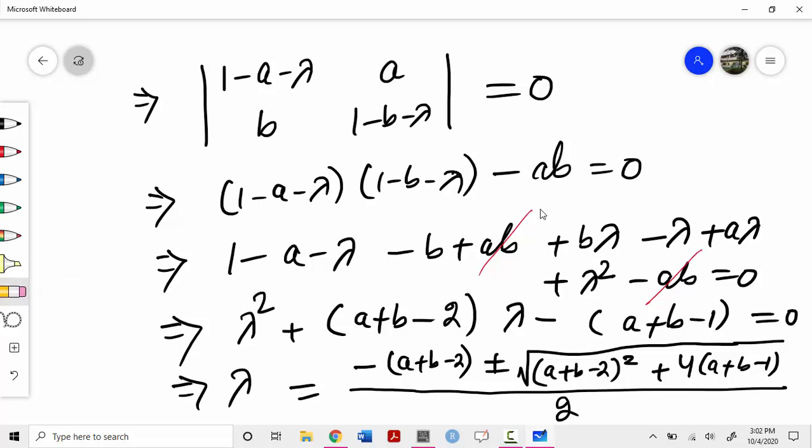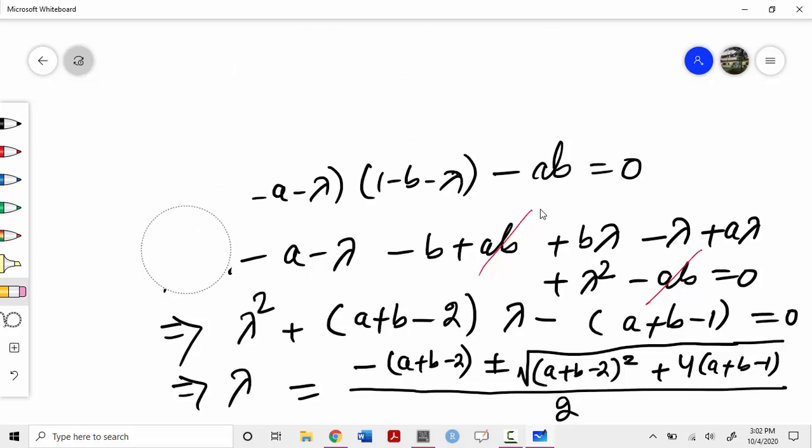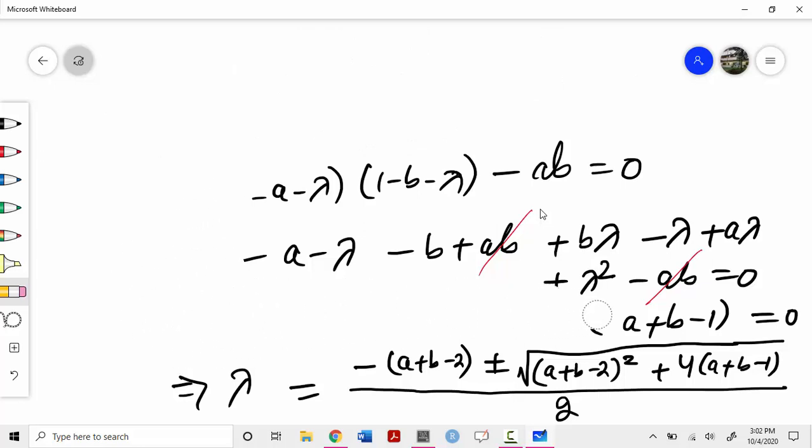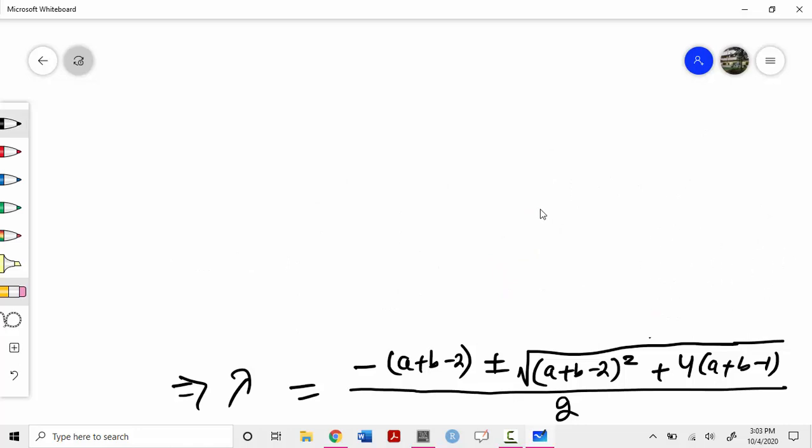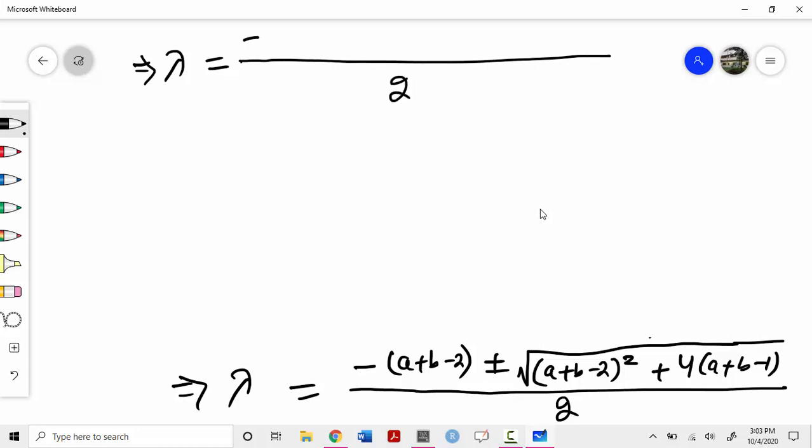So this implies lambda equal to 2 minus (a plus b) plus minus (a plus b) whole square.